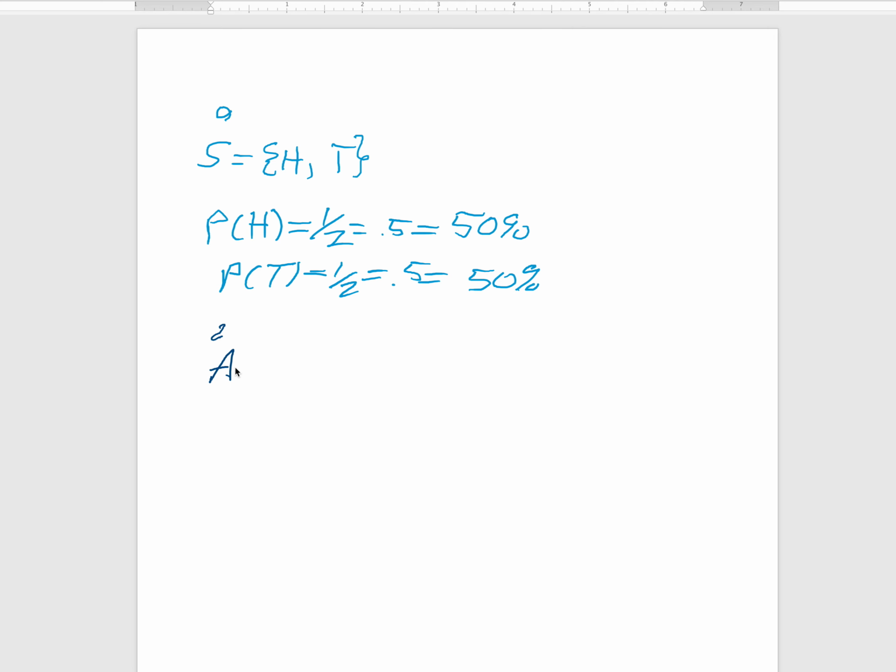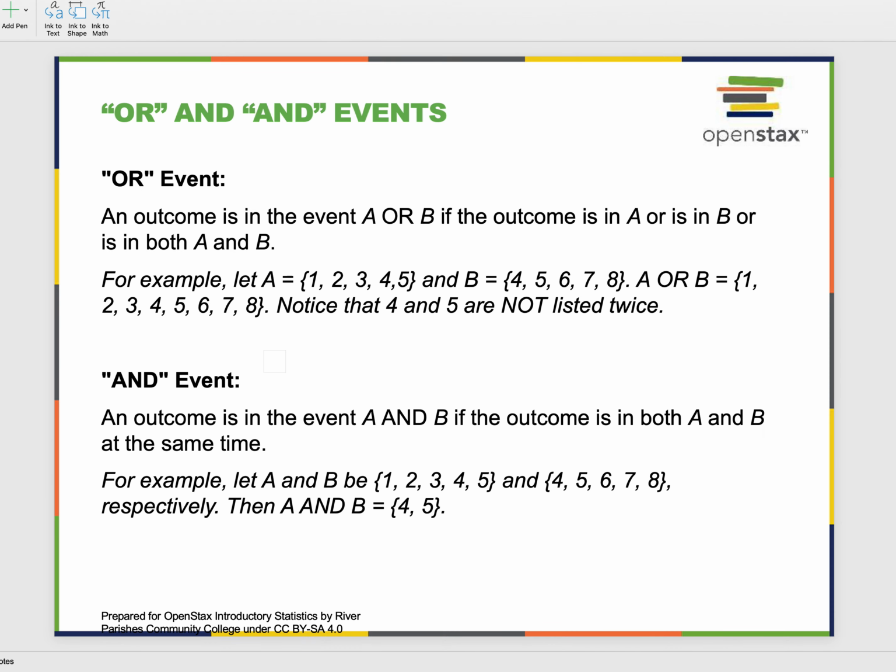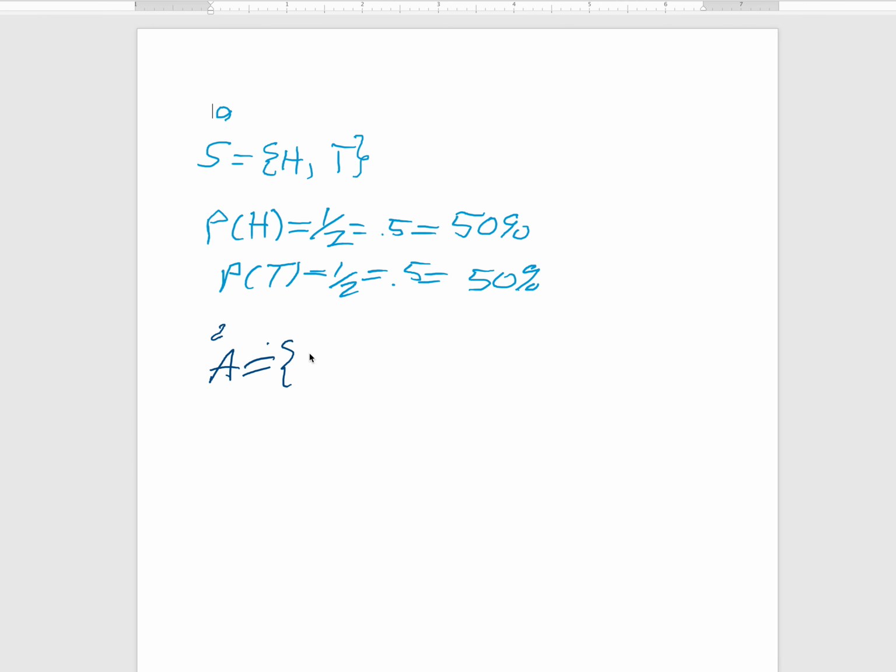Okay. Event A was, and of course, short-term memory is the first thing to go, so it was 1, 2, 3, 4, 5.